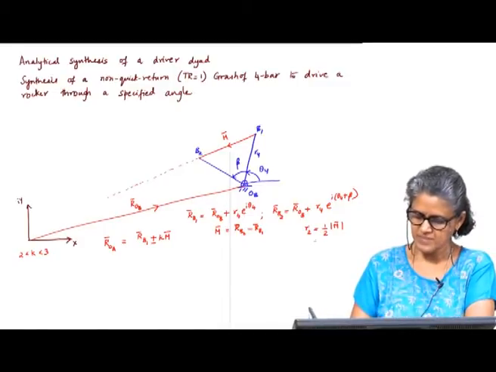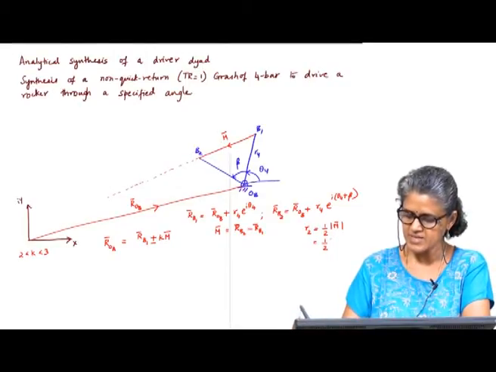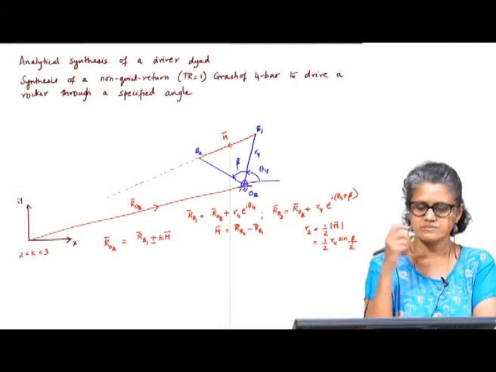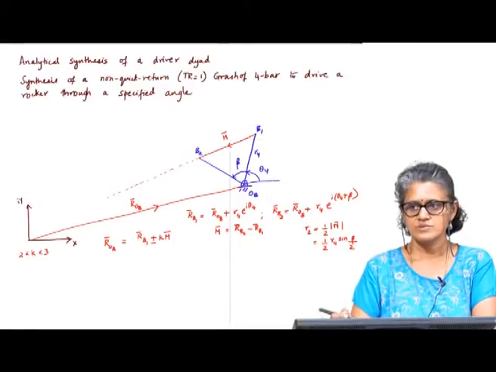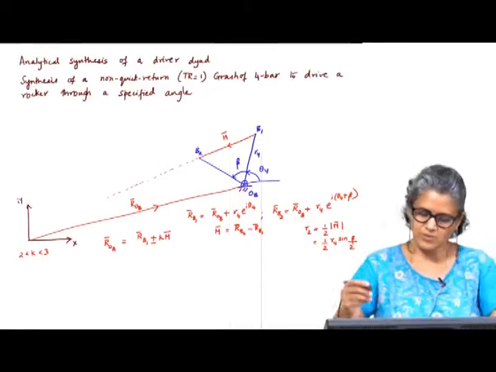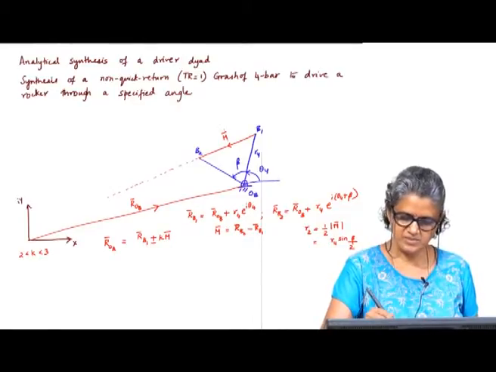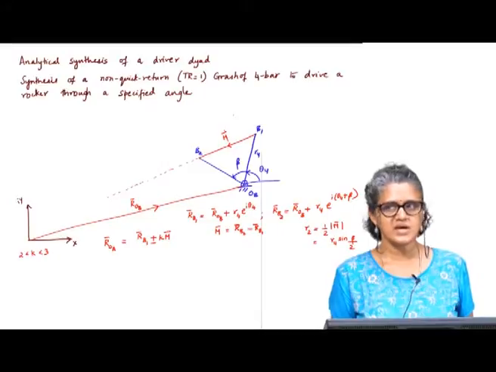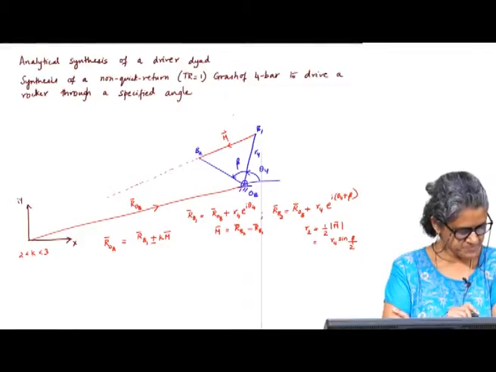In terms of beta, if I draw the perpendicular bisector with beta by 2, this is R4 sine beta by 2, and R2 is half of this whole thing.